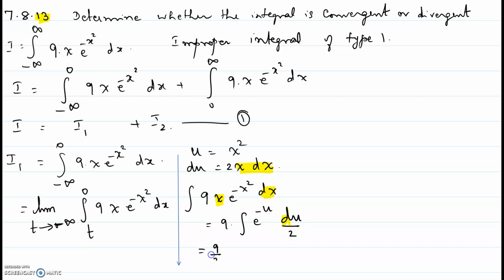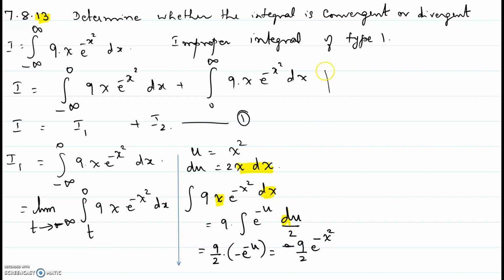So it is 9 halves negative e to the negative u, or negative 9 halves e to the negative u, where u equals x square.